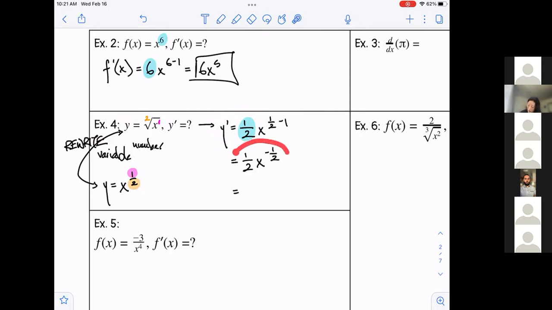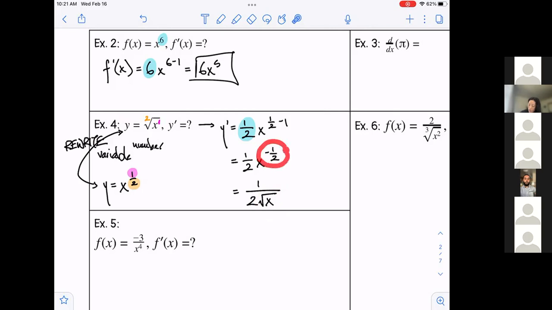We're going to rewrite our final answer here as one single fraction. And it'll be 1/2 square root of x. Where did I get this square root of x from? From the negative 1/2.